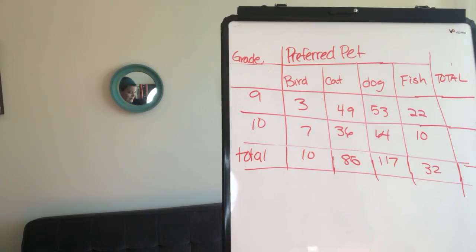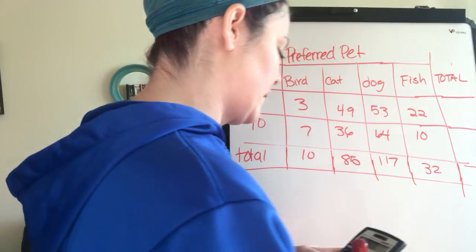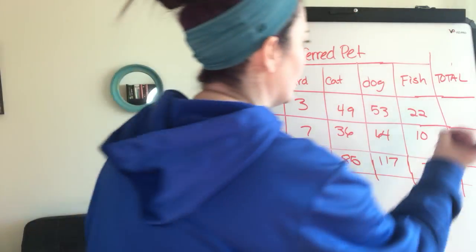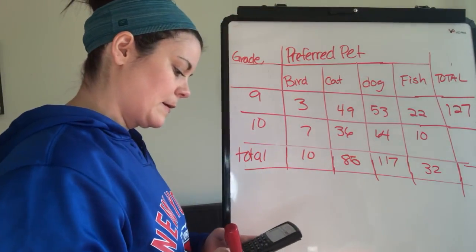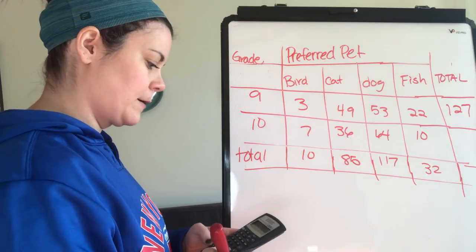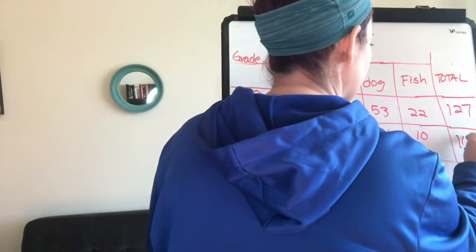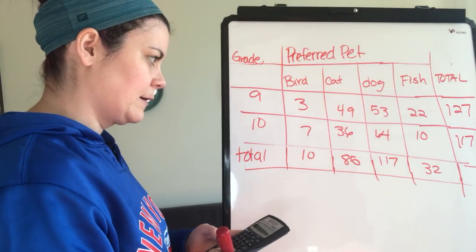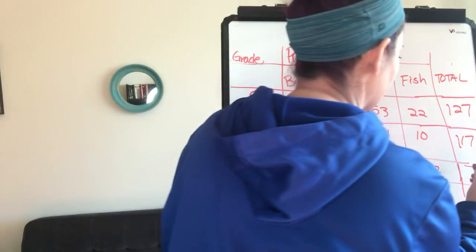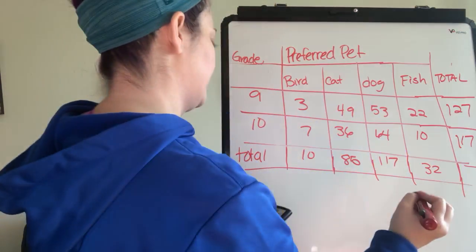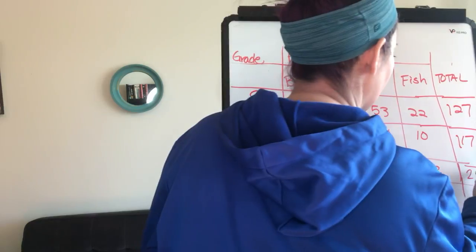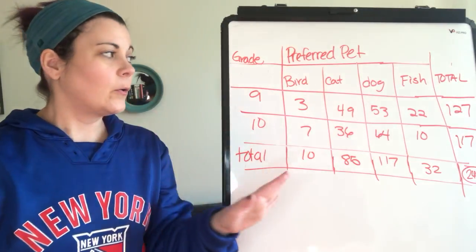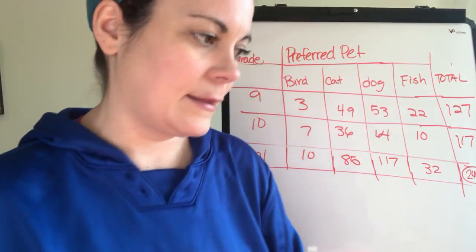So 3 plus 49 plus 53 plus 22 is 127. 7 plus 36 plus 64 plus 10 is 117. And then 10 plus 85 plus 117 plus 32 is 244. So this is like the main total. Here we have marginal frequencies.